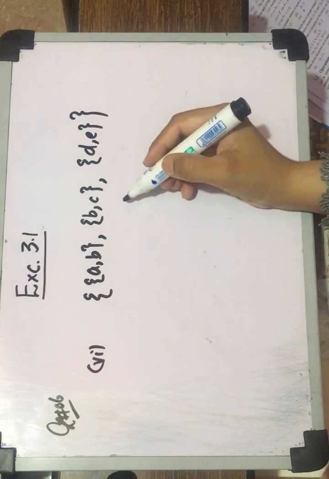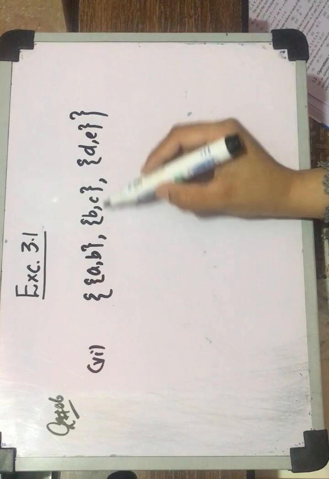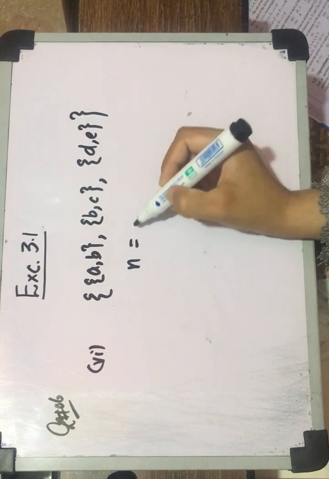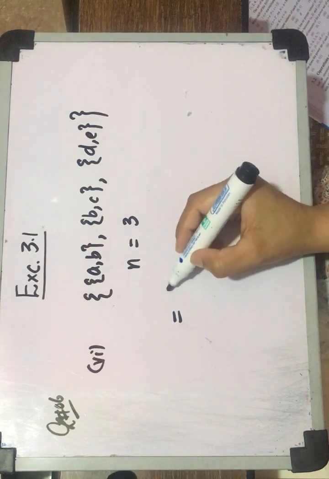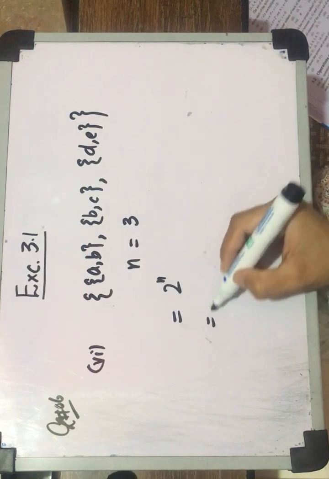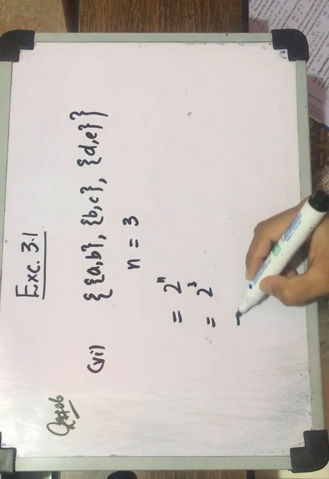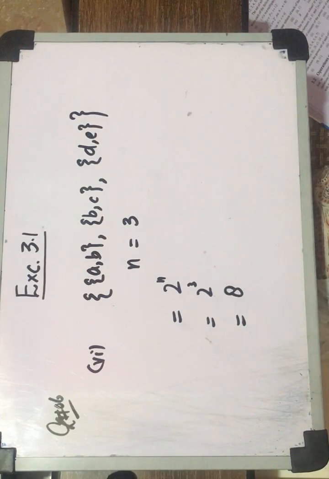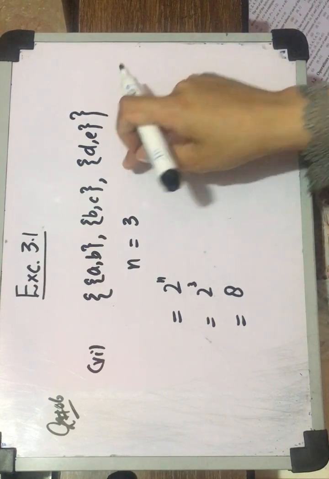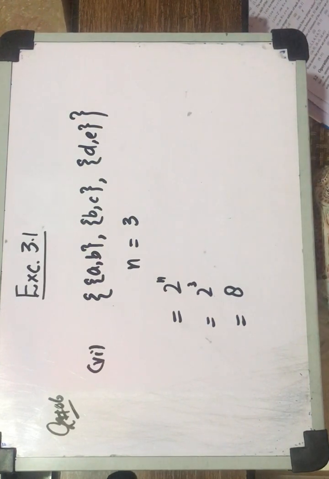How many elements are in this set? 1, 2, 3. Then n is equal to 3, and for the power set we have the formula 2 raised to power n. 2 raised to power 3 is equal to 8. So the number of power sets for this set is 8.